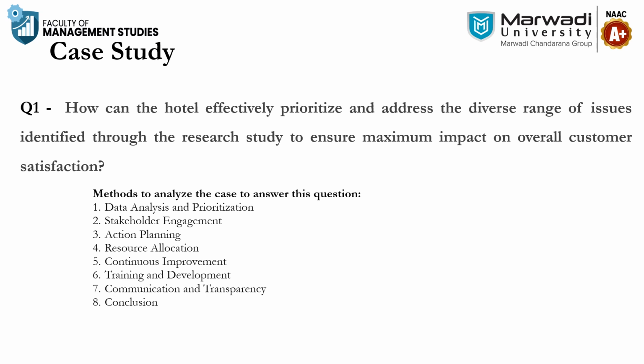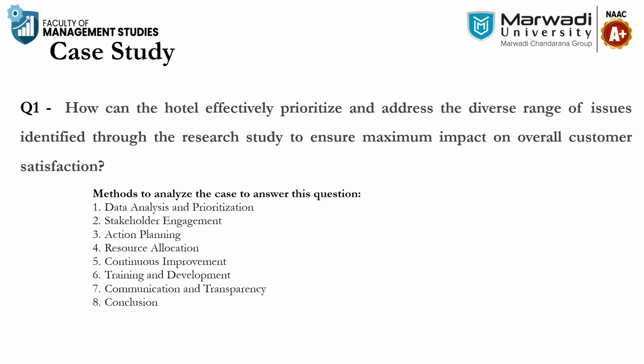Step number 2, stakeholder engagement. Engage each stakeholder including hotel management, staff members, guests in the prioritization process. Seek inputs from the front-line staff who interact directly with the guest to understand their perspectives on the most pressing issues.